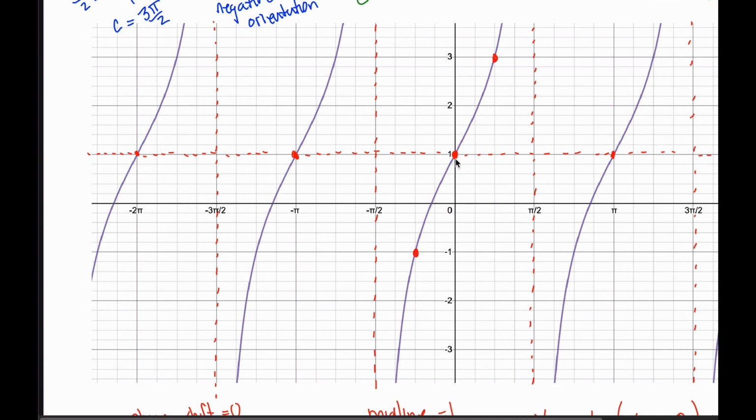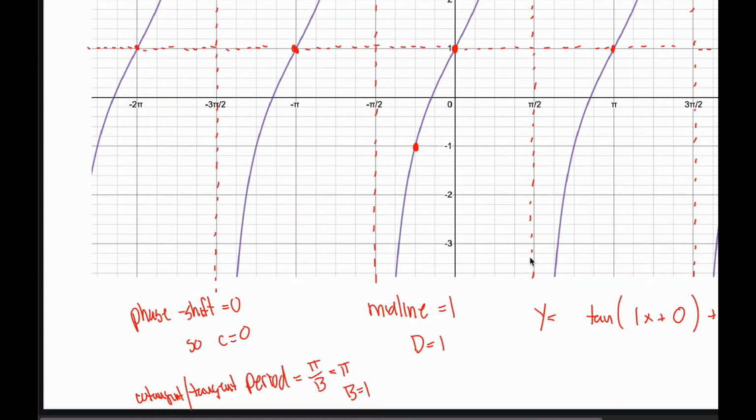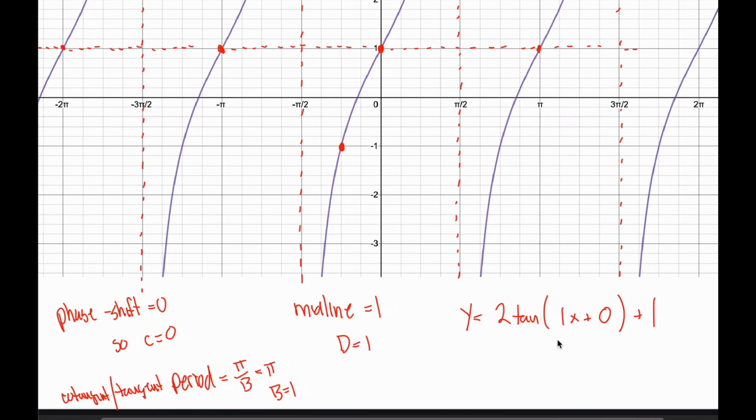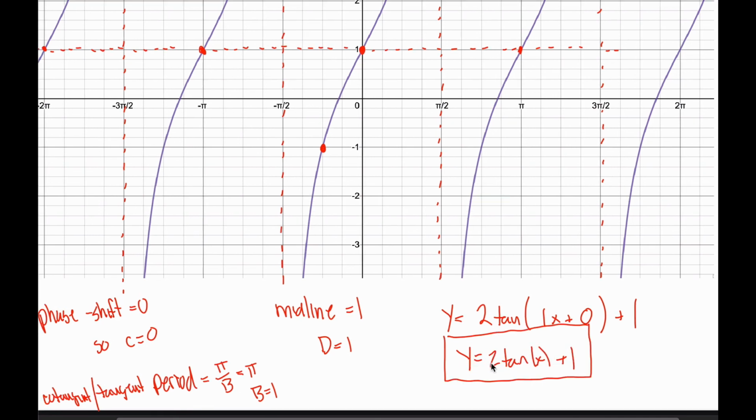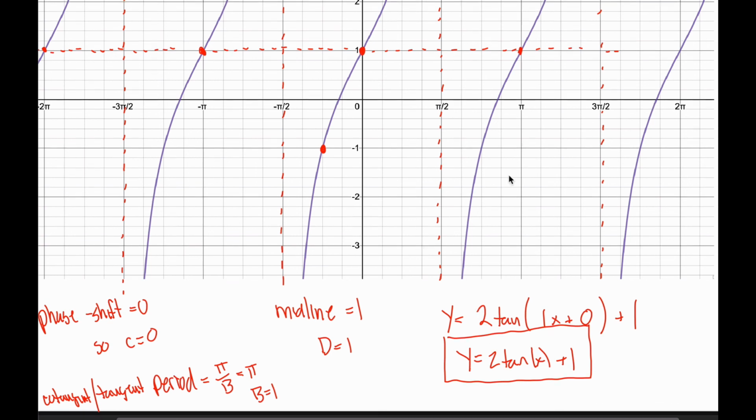What that means is this graph was stretched vertically by a factor of 2. It still has the right orientation. It goes up when we go to the right. So my amplitude is 2 and my value of a is also 2. I get that the equation of what's shown in purple here is y equals 2 times the tangent of x plus 1.